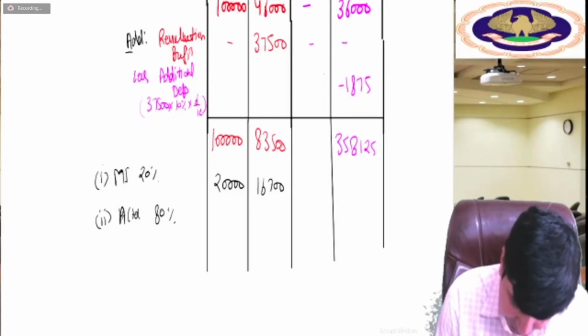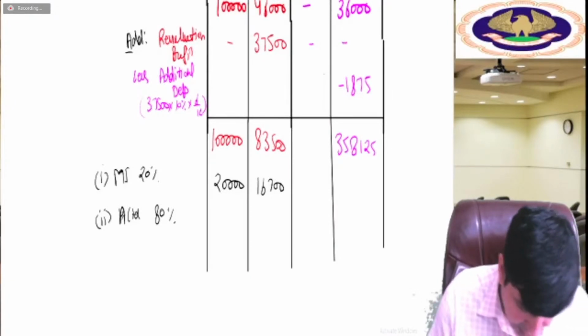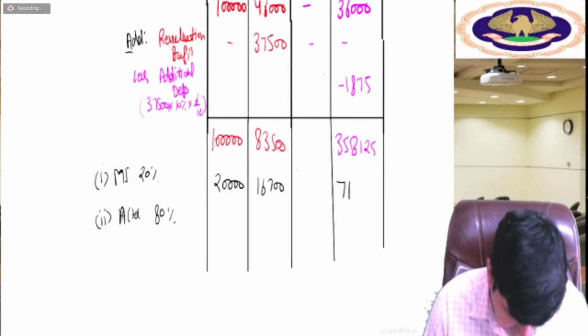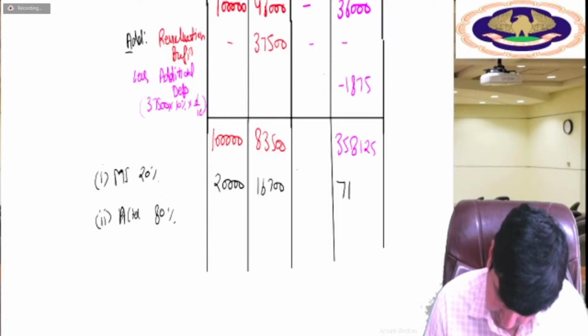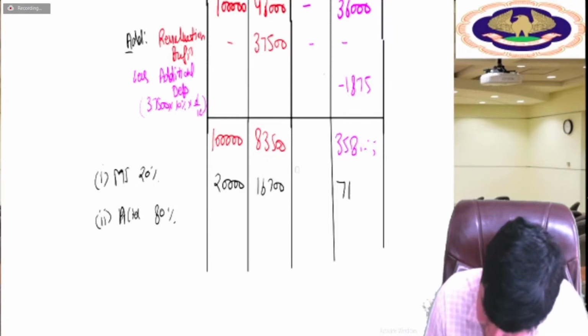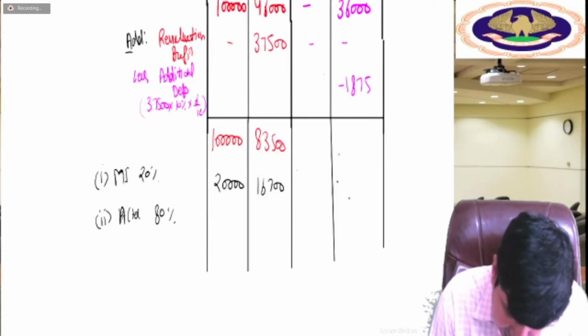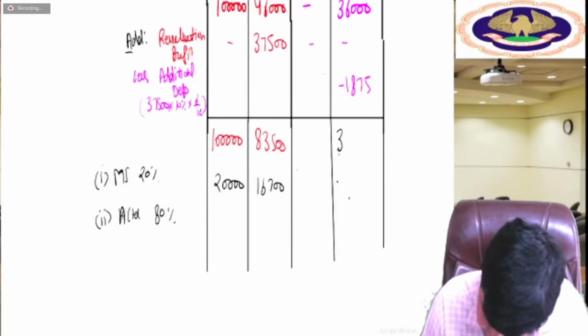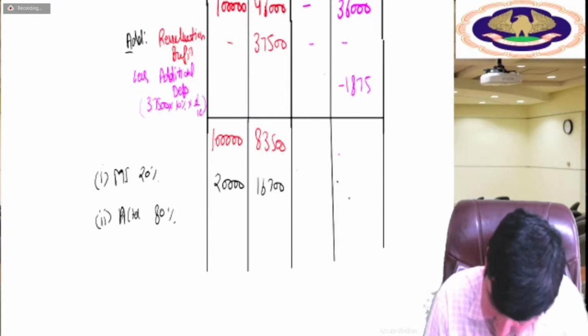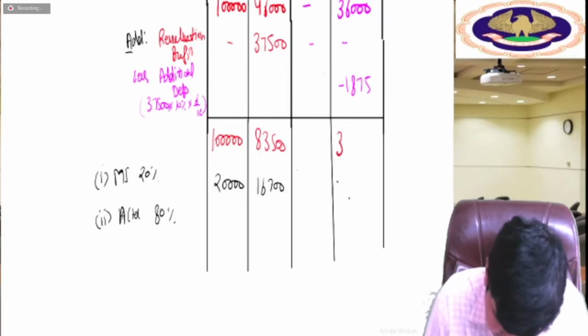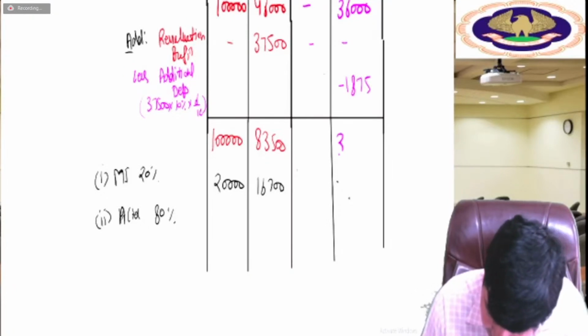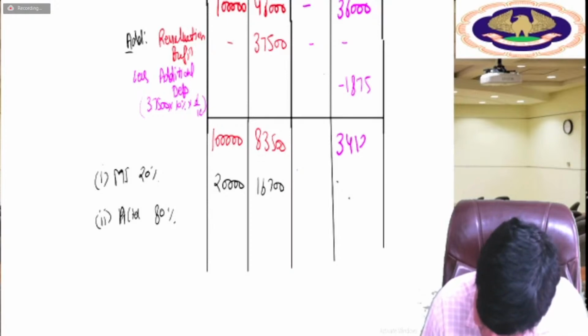358,125 multiplied by 20%, 71. Wait a minute, I think the figure is wrong. 36,000 minus 1875, that is 34,125.